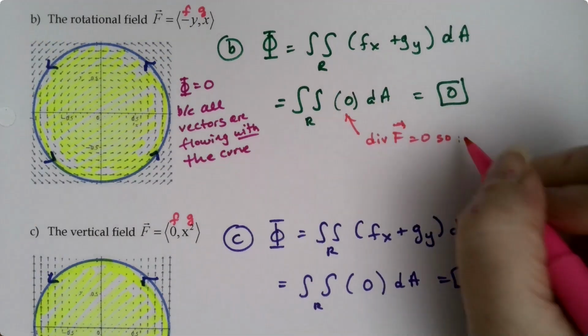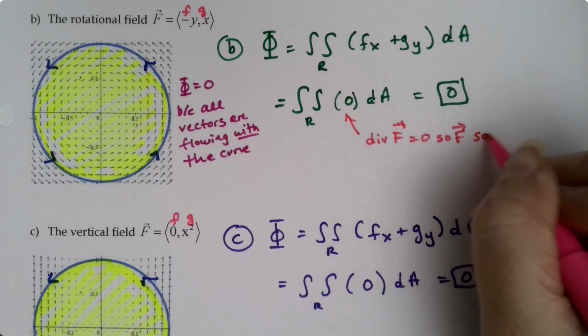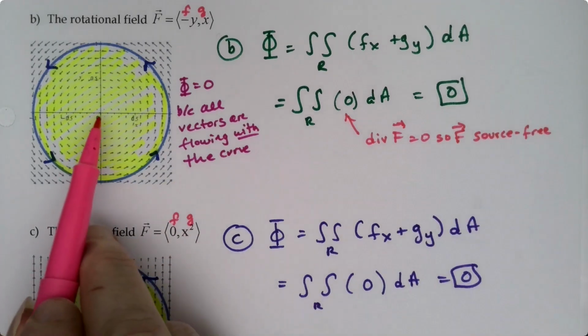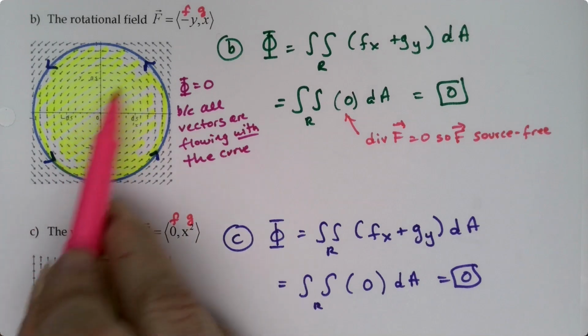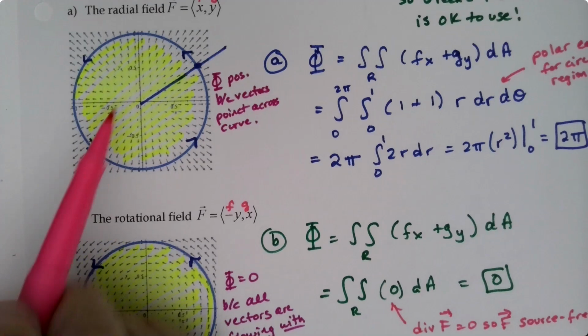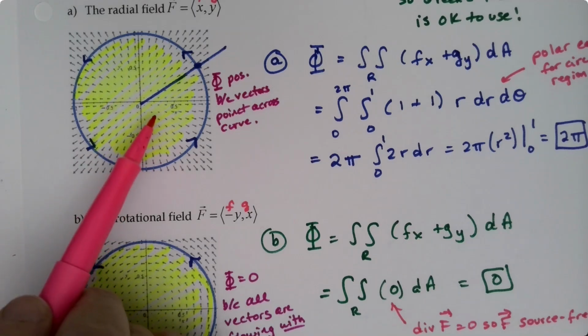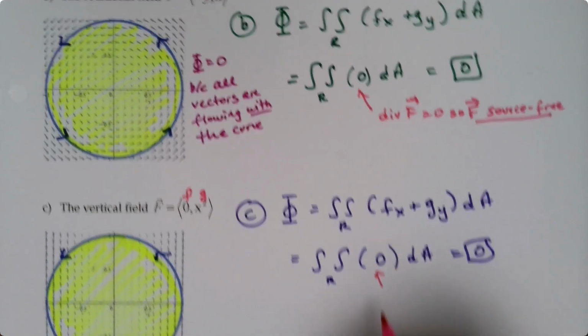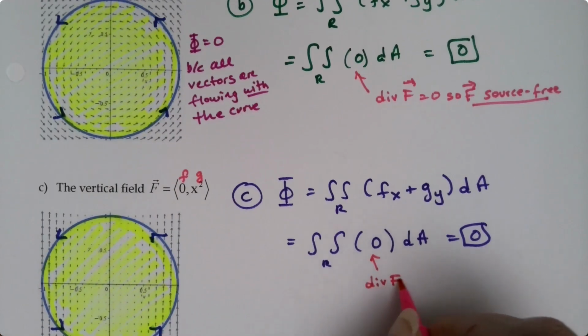So f is source-free. And you can see it when you look at it. It has no source. It's not everything coming out from the center, unlike this one, where all the vectors are coming out from the center. So this is a source-free vector field, and so is this. The divergence of f is 0, so f is source-free.